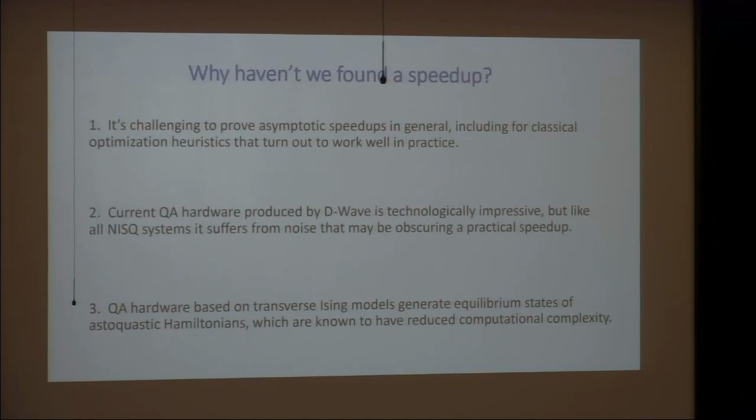So why haven't we found a speedup? Well, one sort of meta excuse is that it's challenging to prove asymptotic speedups in general, including for classical optimization heuristics that turn out to work very well in practice. So for example, classical simulated annealing is really based on the Metropolis algorithm.